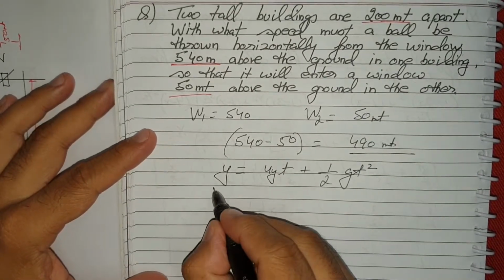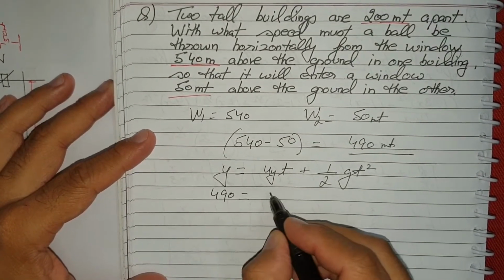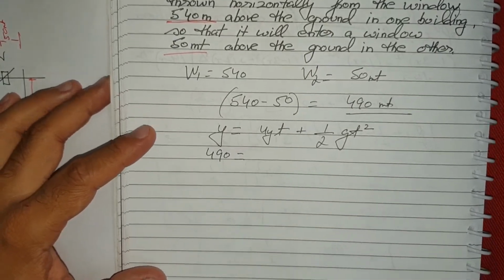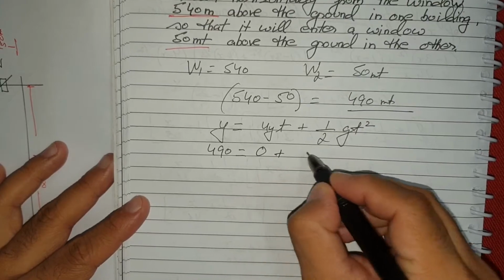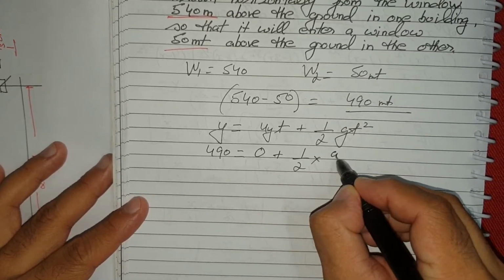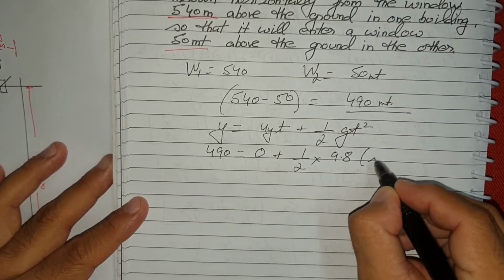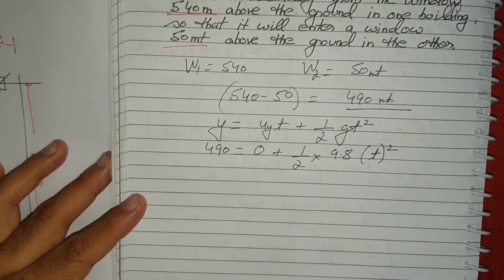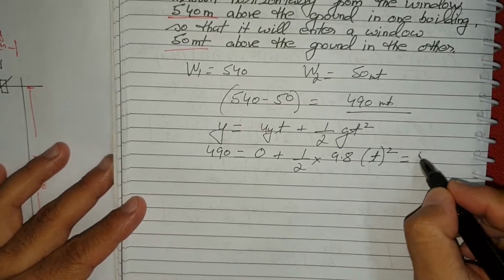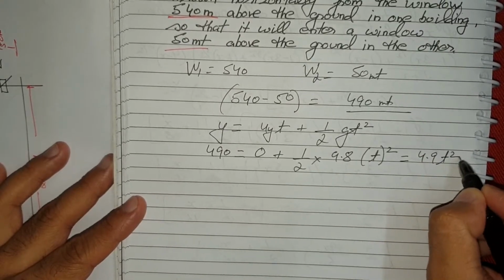So 490 equals 0 plus half into 9.8 into t square, which is 4.9 t square.